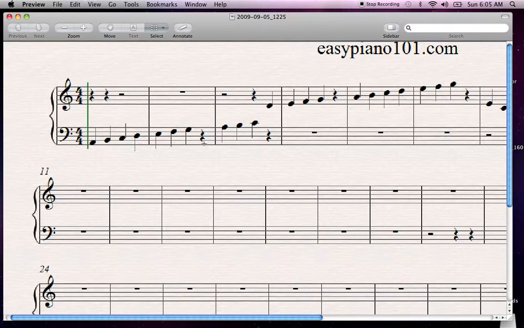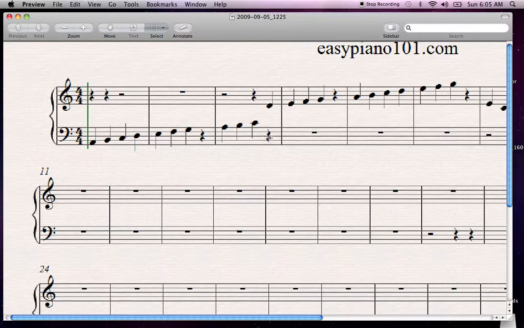So if another musician is playing with you, you can play together because you're both following the same beat. So let's do that again. 1, 2, 3, 4.